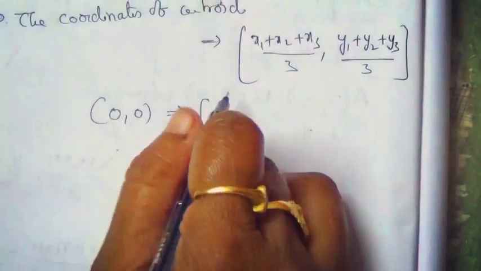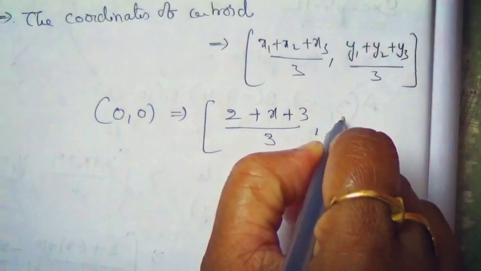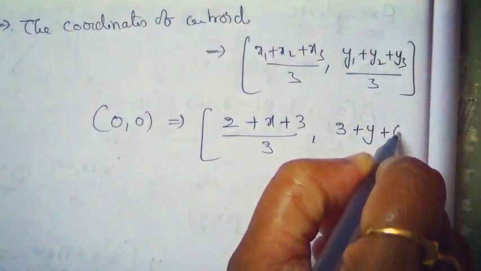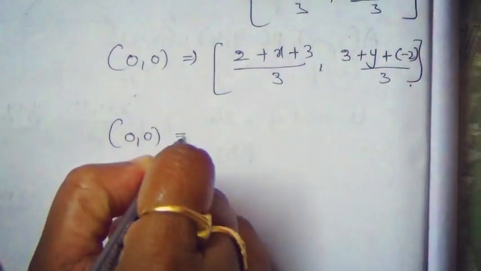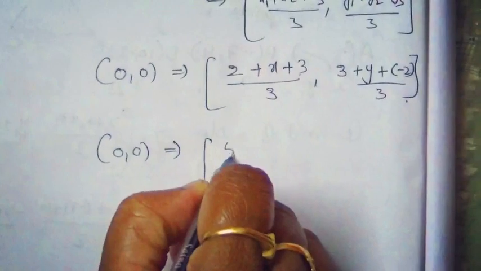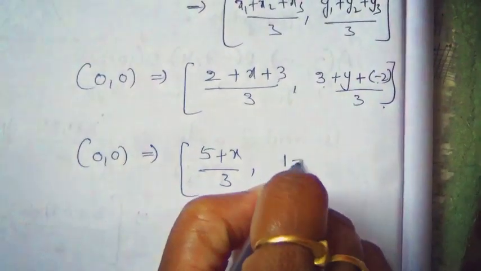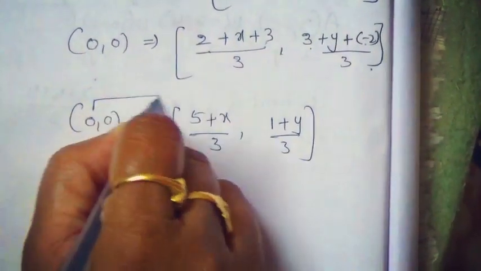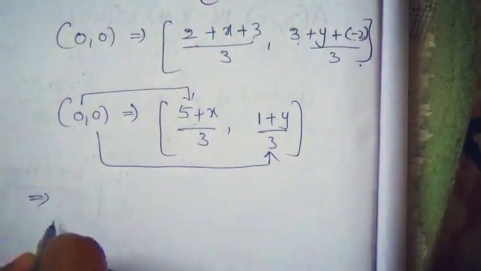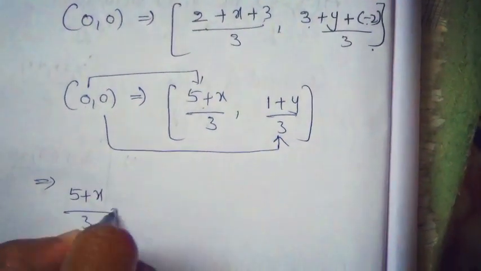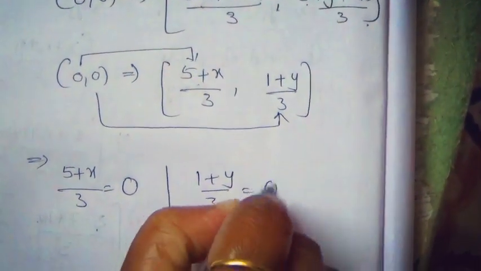That implies 2 plus x plus 3 by 3 comma 3 plus y plus of minus 2 by 3. So 0 comma 0 equals 5 plus x by 3 comma 1 plus y by 3. We equate the x coordinates and the y coordinates. That implies 5 plus x by 3 is equal to 0, and also 1 plus y by 3 is equal to 0.